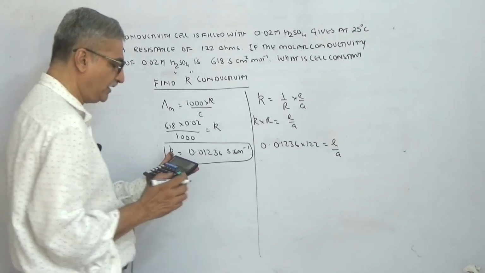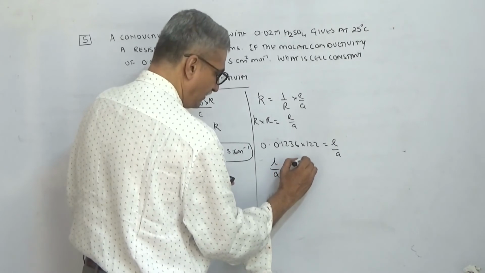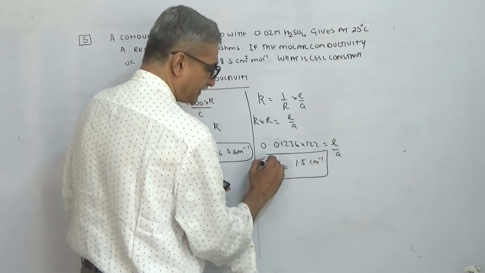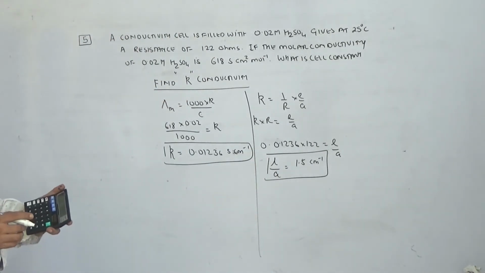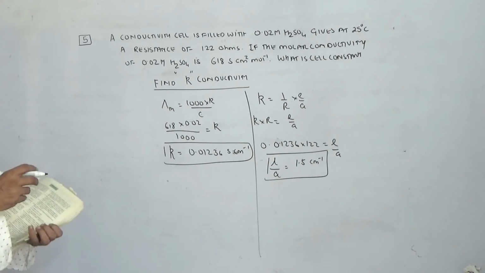That will be equal to 1.507. So L by A is 1.5 per centimeter. So this was one more thing which we have achieved. Is this point clear? So this was the fifth sum.